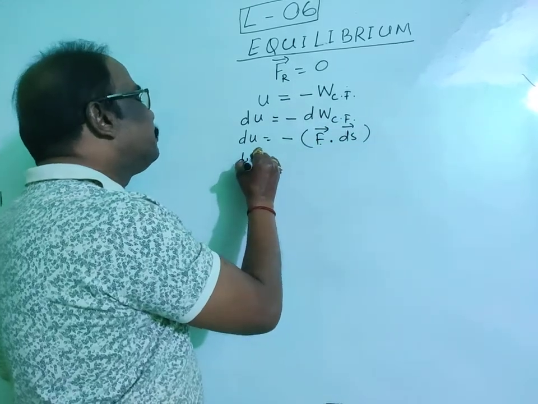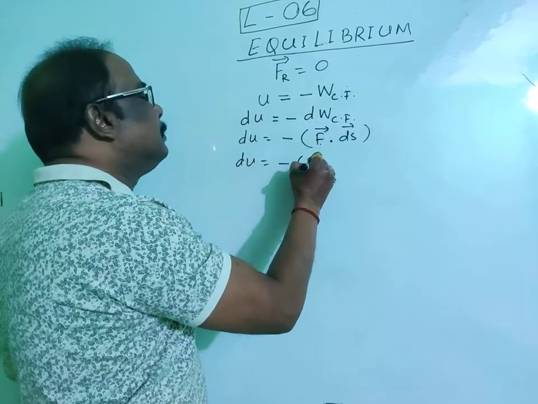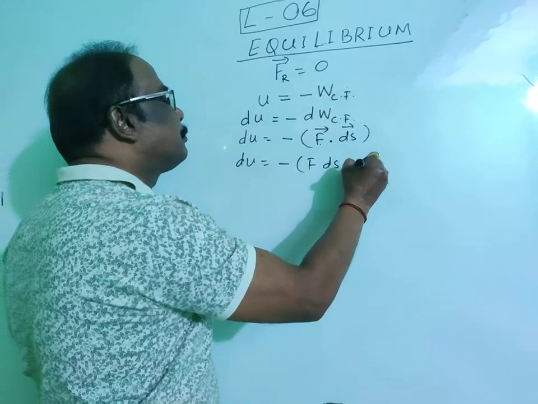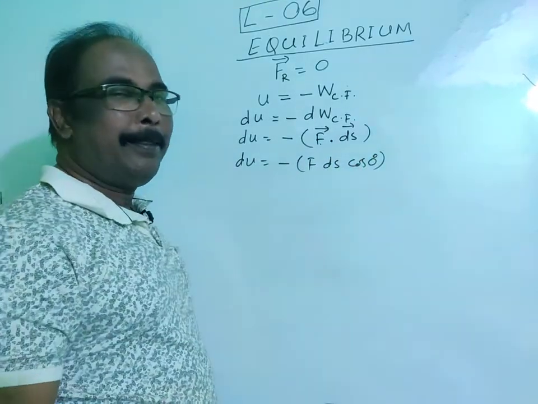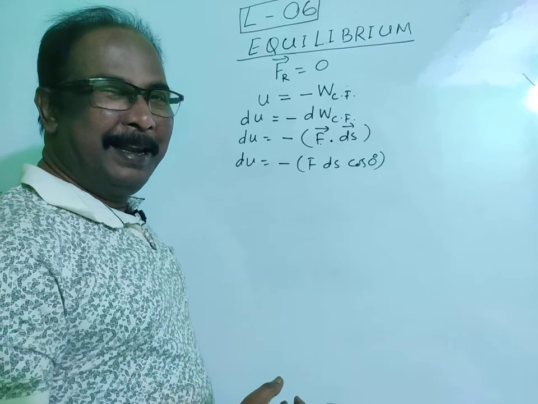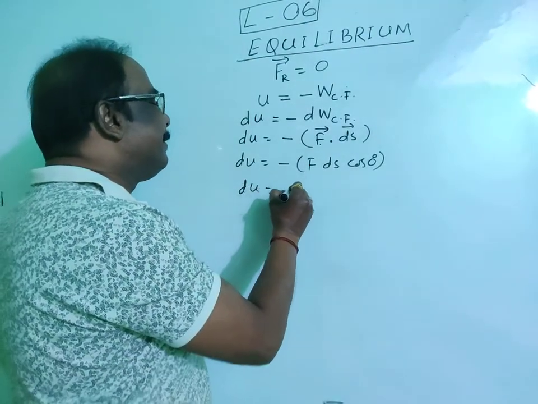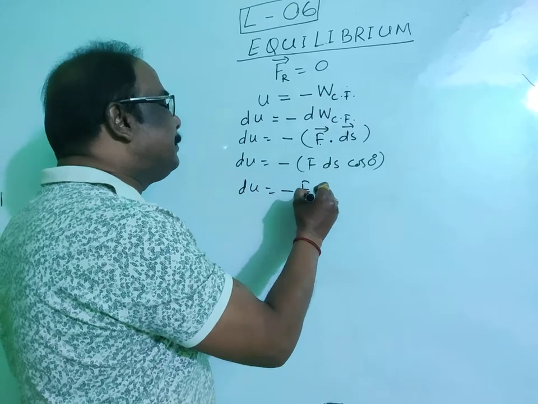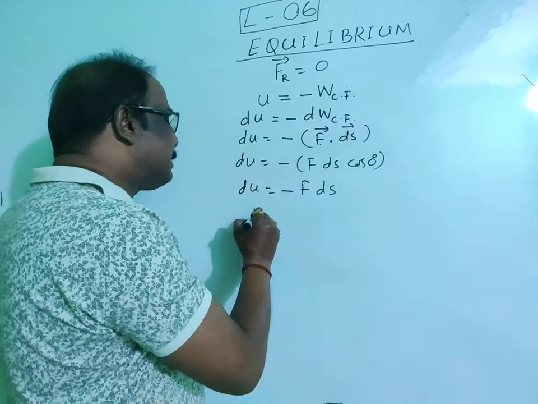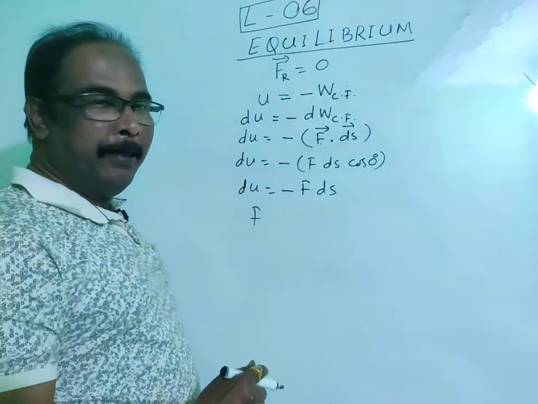That gives dU is equal to minus F ds cos 0 degree, since displacement is along the direction of force. Then dU is equal to minus F ds, where F is the conservative force.